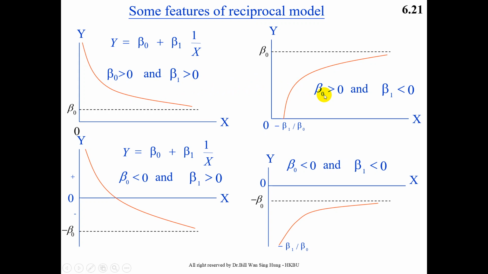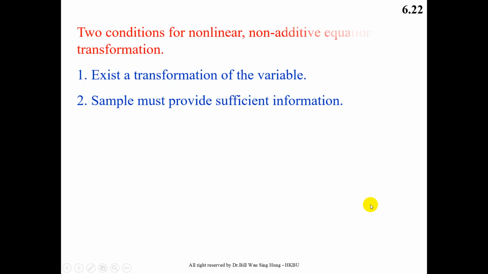If beta naught is greater than 0 but beta 1 is less than 0, then we graph like this. If beta naught is less than 0 but beta 1 is greater than 0, we have a graph like this. And if beta naught is less than 0 and beta 1 is less than 0, then we have the graph of the model like this.